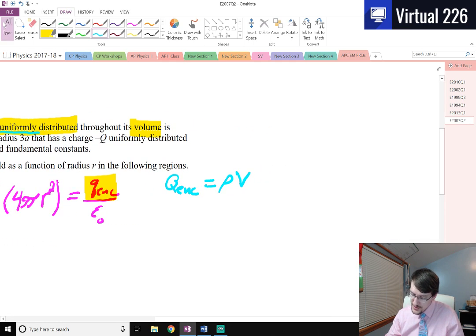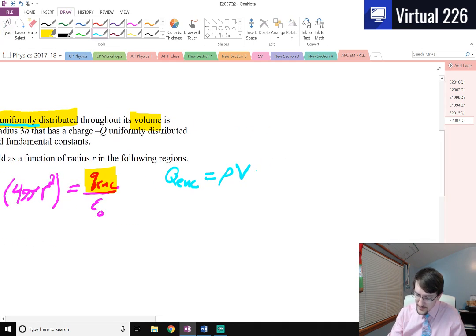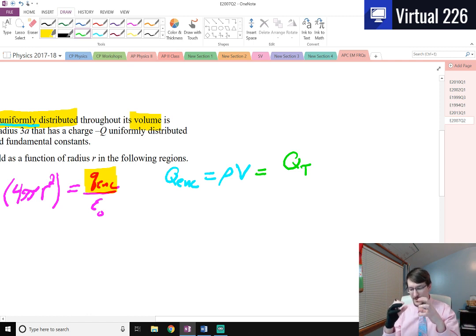Well, the charge density can be given to us as just the total charge inside that inner sphere, which was plus q. So that's the total charge divided by the total volume of the blue sphere.